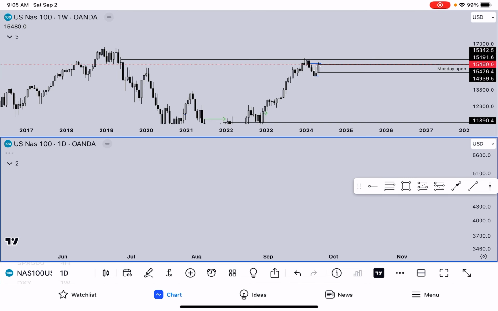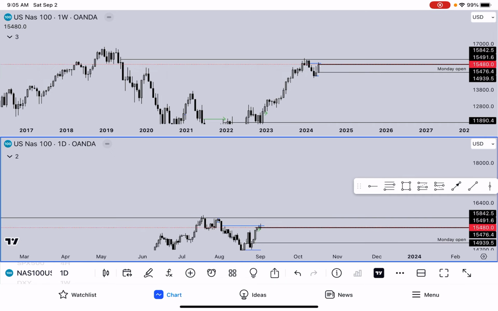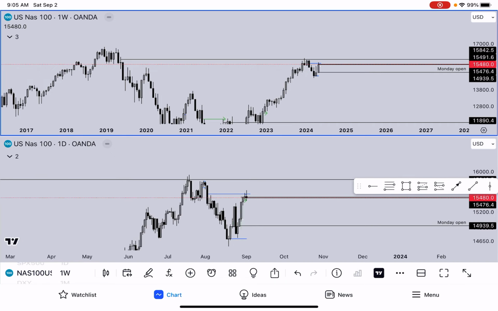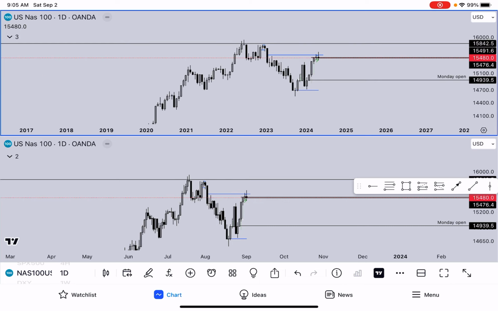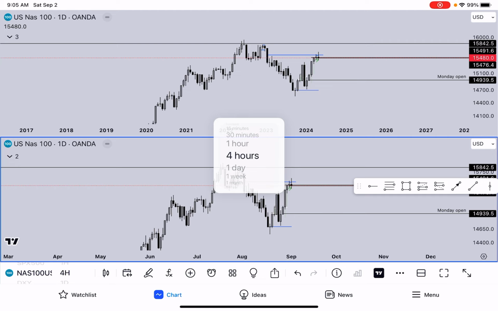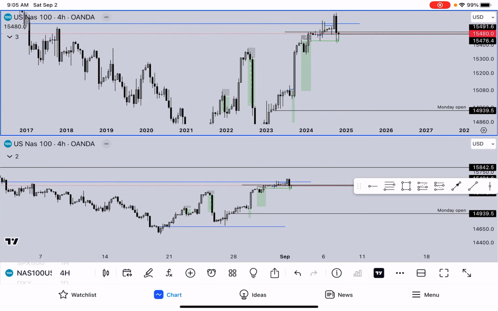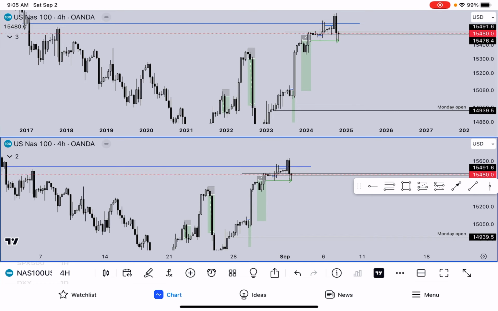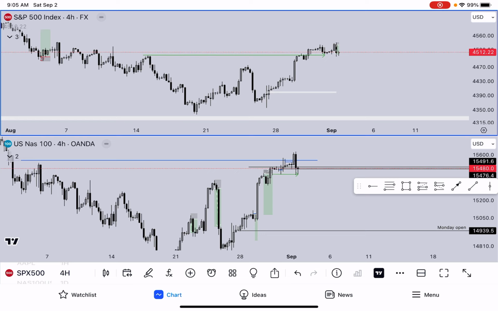Alright, let's go daily. Daily for both. 4 hour. Okay, hold up. I'm sorry. Okay, cool. S&P on top, NASDAQ on the bottom.